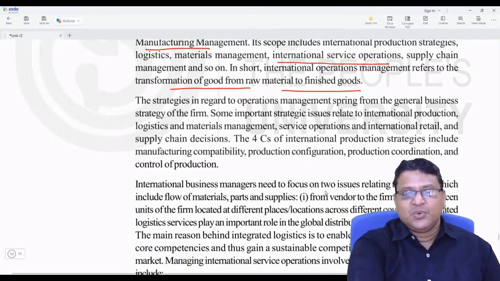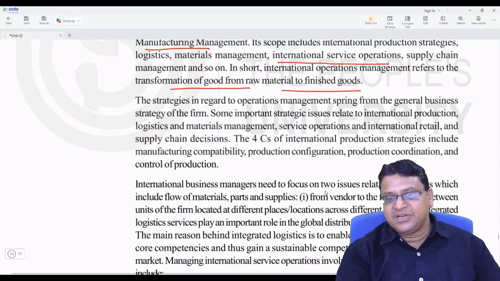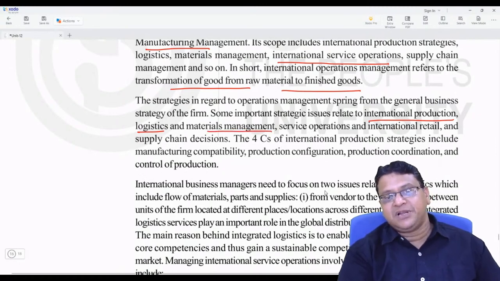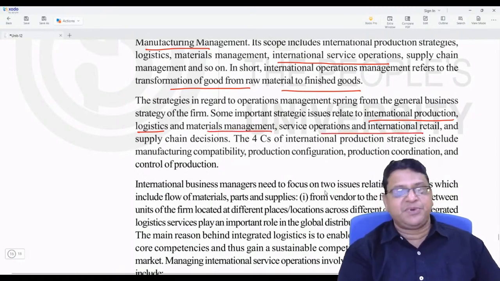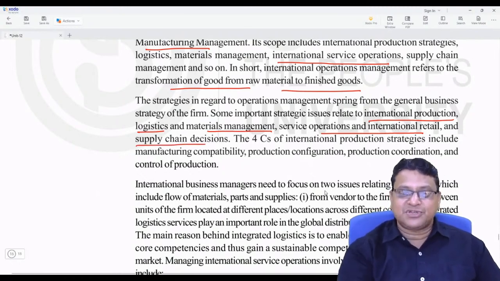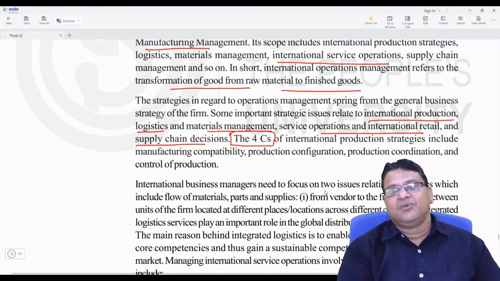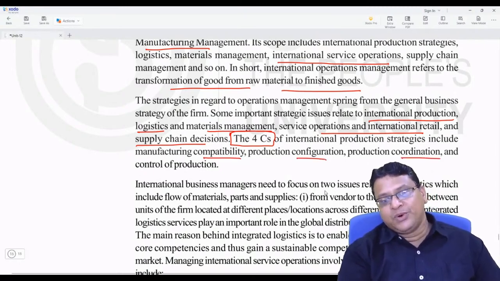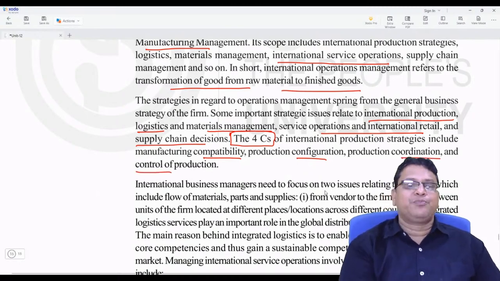We have issues like international production management, international logistics management, international service operations management, international retail management, and international supply chain management. In case of international production management, we have discussed the concept of 4 C's: configuration, coordination, compatibility, and control of production.